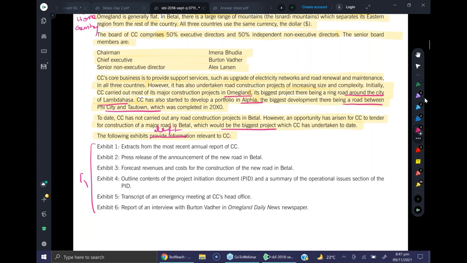I am actually highlighting everything, but that is not because everything is important. I am highlighting everything right now just to mention where exactly I'm reading from. So I'm not highlighting everything because I'm going to use it in my answer. Is that clear?